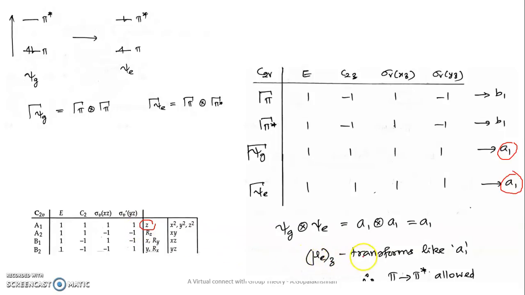The mu z transforms like A1, therefore the pi to pi star transition is allowed. Are you able to follow? Or we can say in the other way, this pi to pi star transition is allowed by z-polarized light, the z-polarized component of the light. Okay, so this is the analysis for pi to pi star.